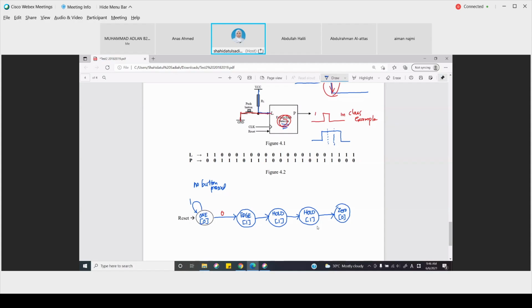It is as if after the 3 clock cycles, the button is still pressed. Oh, it's 0. Sorry, when it's pressed, it's 0.